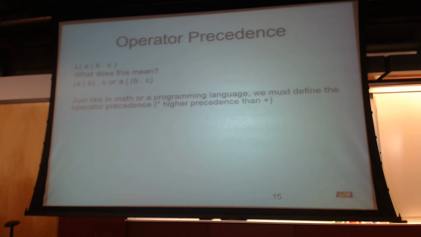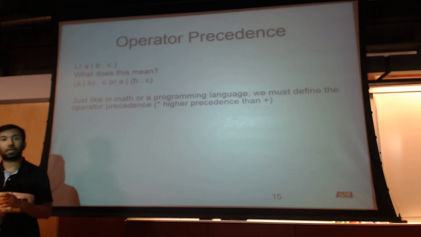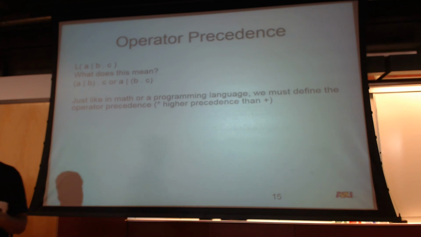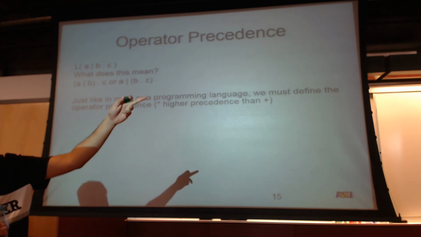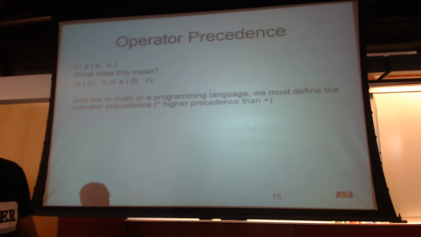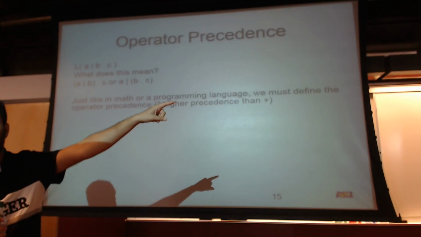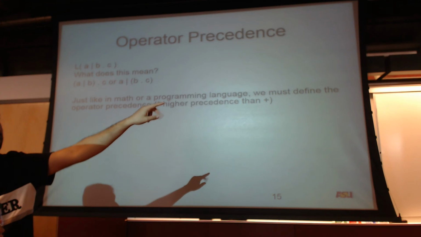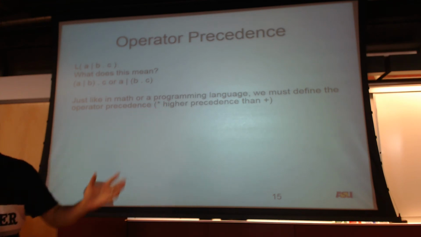Yes. You don't need to have operator precedence. You can have notation that doesn't require it. No, it would still require operator precedence. That one, right? A or B dot C. What do you mean? What notation? You define the notation so that you don't need operator precedence. Yes, for example, if you have properly placed parentheses, then you don't need it.